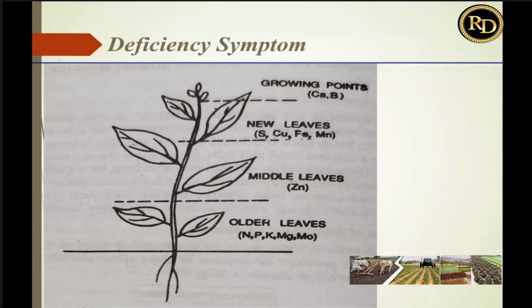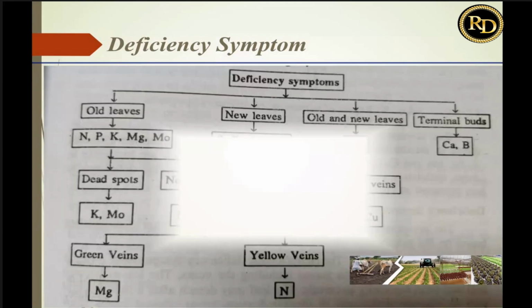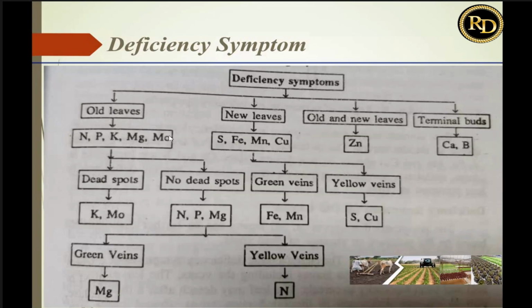After identifying the plant part where the deficiency is, the second step is how I identify which nutrient. Like if we talk about old leaf, these are the 5 nutrients which may be deficient.